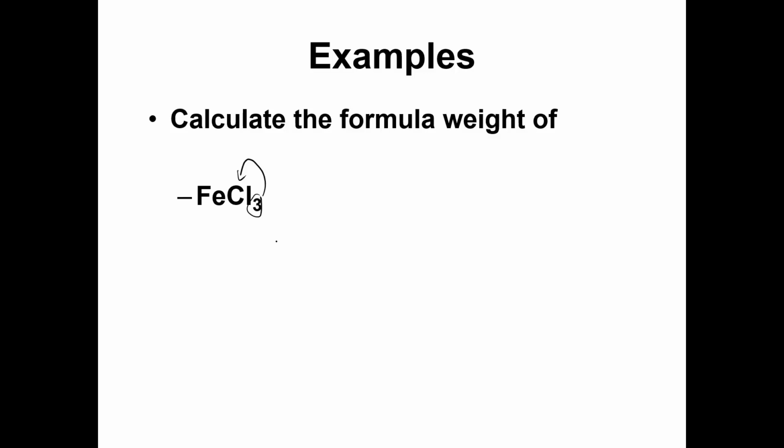And so in order to calculate that, we have 1 times iron, which is 55.85 AMU, and 3 times chlorine, which is 35.45 AMU.